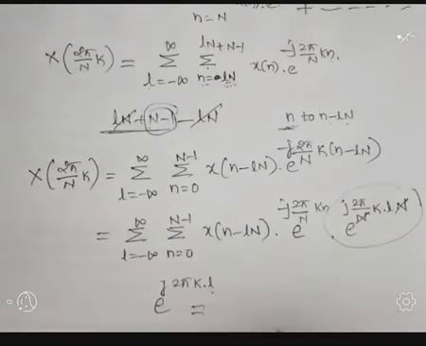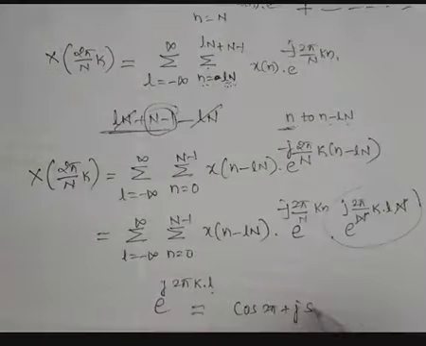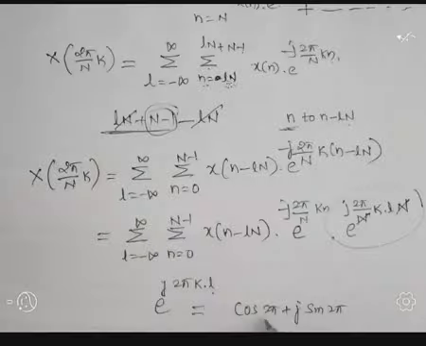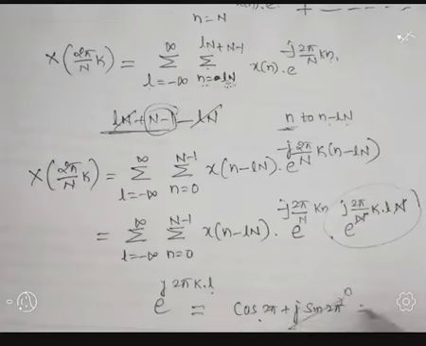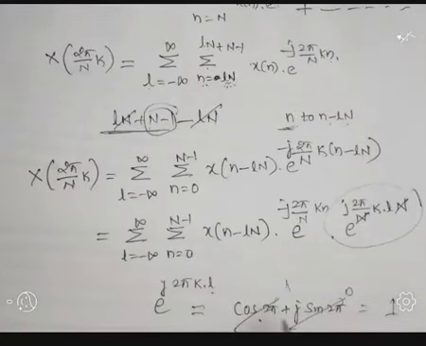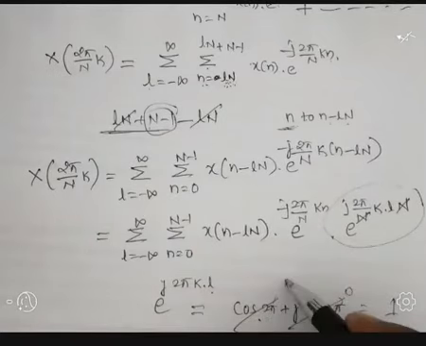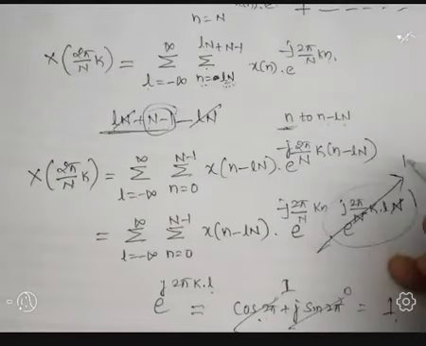By simplifying this one, we can write cos of 2 pi plus j sin of 2 pi. Cos of 2 pi is, we know, 1. Sin of 2 pi is 0. So hence we are getting 1. Cos of an even multiple of pi results in 1. That point we have to remember. Hence the result is 1.